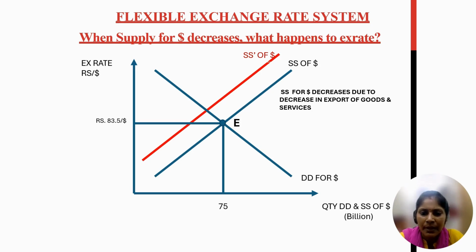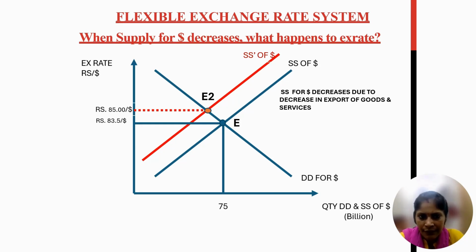So keeping the demand for dollar constant, the new equilibrium position is achieved where the SS dash of the dollar is intersecting with the demand for dollar, and that is at E2, and from E2 we determine the exchange rate, that is 85 rupee per dollar.